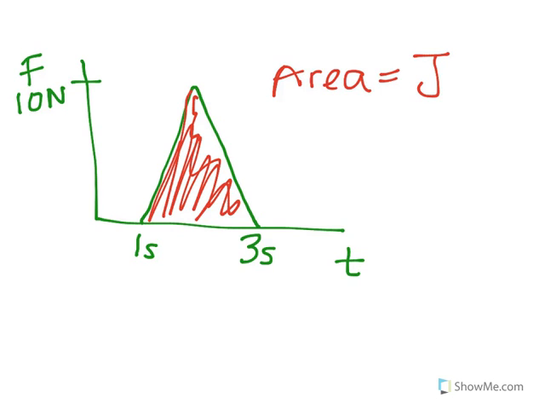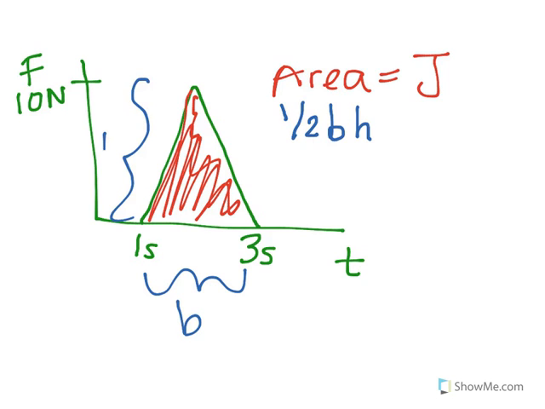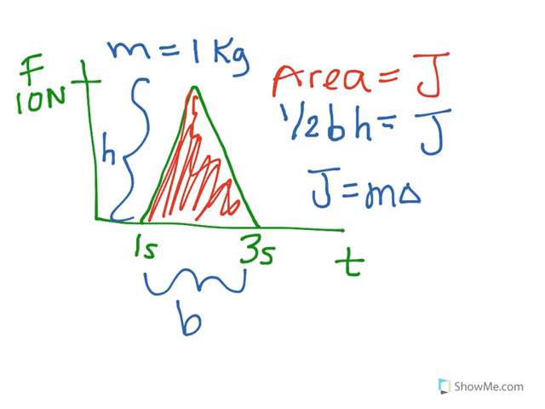And I know a few of you the other day remembered this equation, but it's important that you do put this to memory. Area of a triangle is 1/2 base times height. So our base down here and our height right there, we can plug in for both those variables and solve for J. Once we know that, if we are given a mass, say the mass was 1 kilogram, we can go back down here and know that J is equal to our mass times change in velocity.